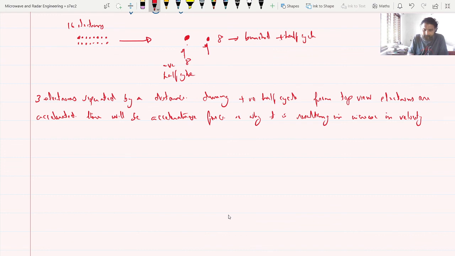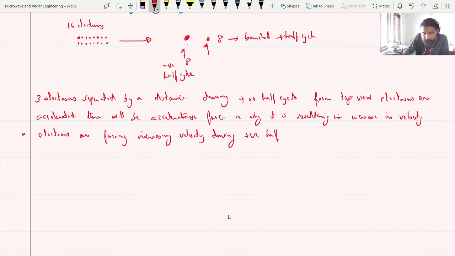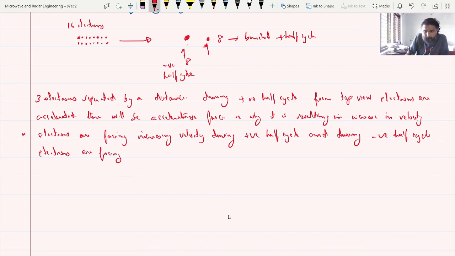So electrons are facing increasing velocity during the positive half cycle, and during the negative half cycle electrons are facing decreasing velocity.